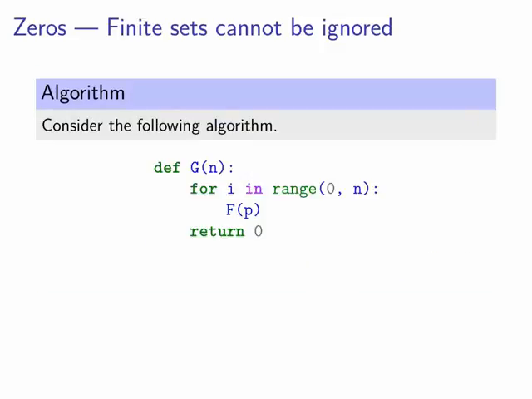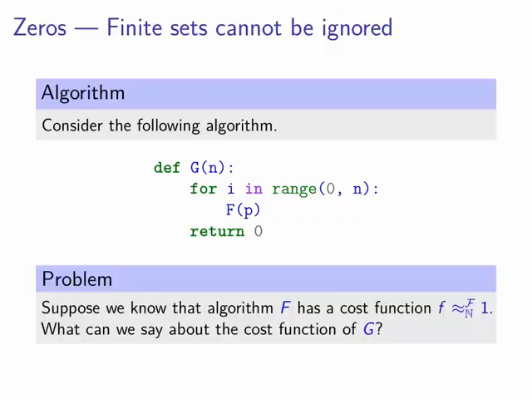Consider the following algorithm g, which takes in n, an integer, and repeatedly calls f at point P. Suppose we know that algorithm f has a cost function which is equivalent to 1 under the local linear dominance. What can we say about the cost function of g?